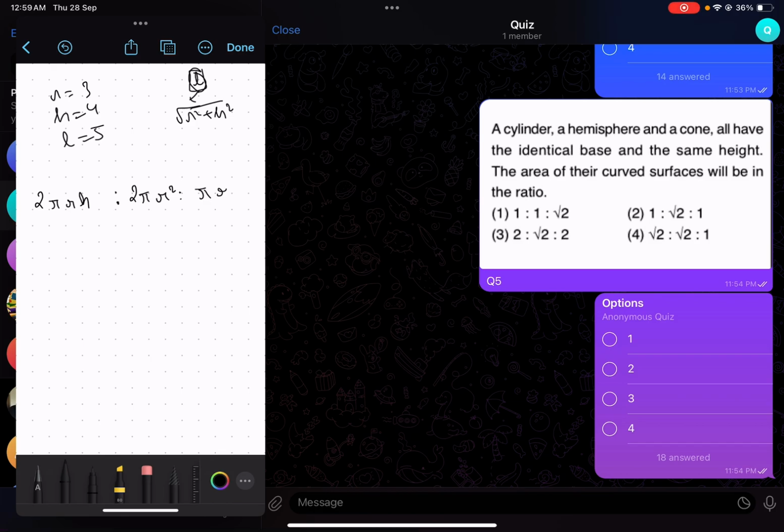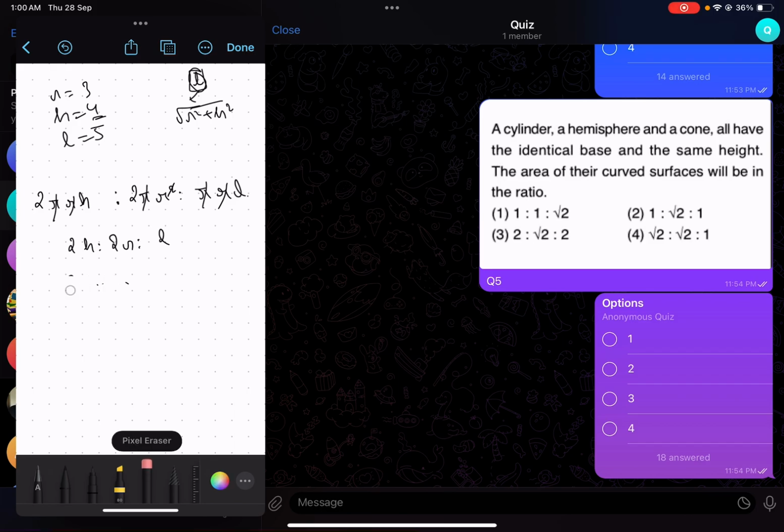Let us cancel common terms. Pi gets cancelled, r gets cancelled, so we are left with 2h is to 2r is to l.